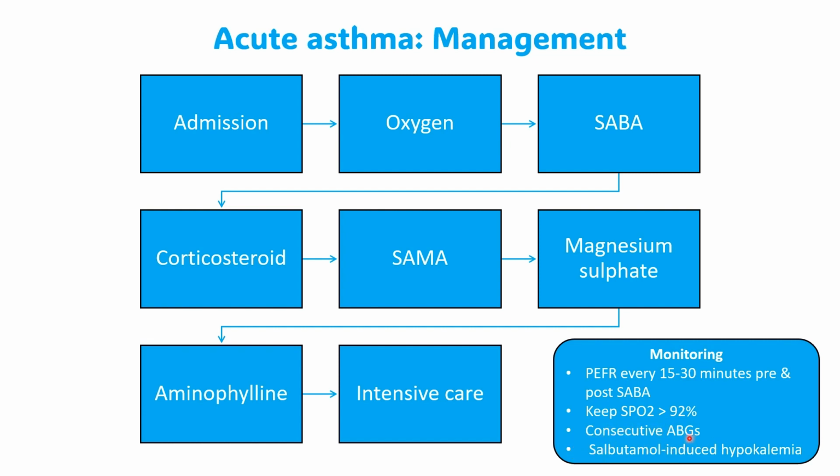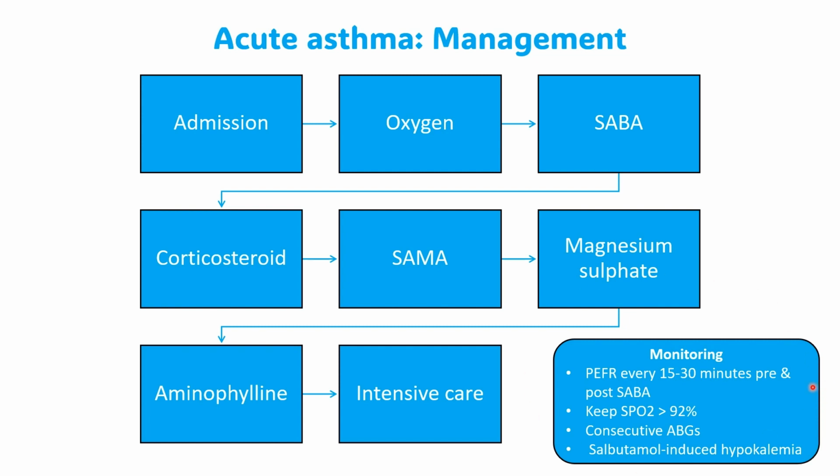We want to keep a close eye on the partial pressures of oxygen and the partial pressures of CO2, remembering about the warning signs when the partial pressure of CO2 is normal or potentially elevated. And then you might want to do some bloods as well because salbutamol can induce low potassium, known as hypokalemia, and that can lead to problems with the heart, such as arrhythmias. So all things to be aware of.